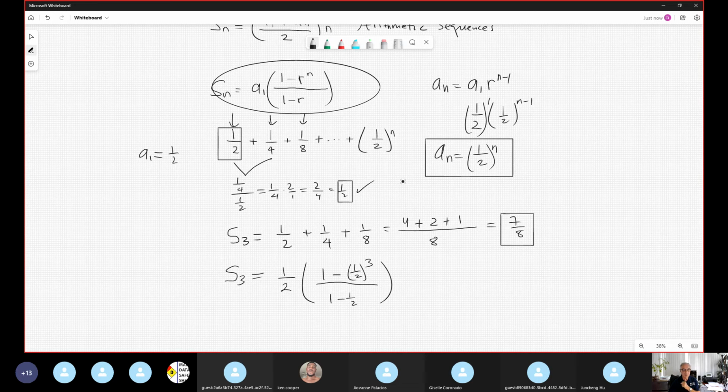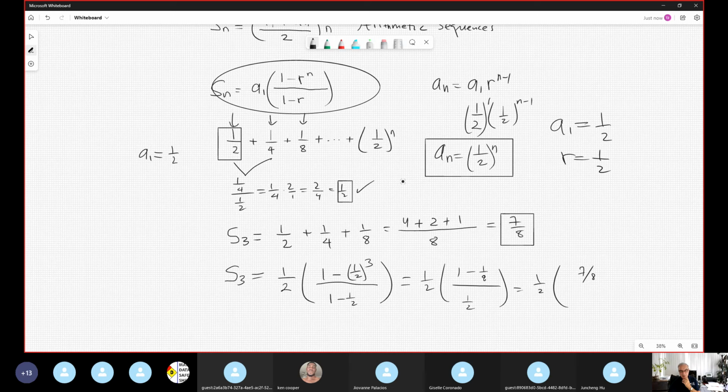Because in this example, repeat again, A1 is 1/2 and the common ratio is 1/2. Well, this is elementary. I want to analyze the complicated ones after. So today elementary. So we have 1/2 here outside. We have 1 minus 1 over 8 divided by 1 minus 1/2, which gives 1/2. And so 1 minus 1 over 8 is obviously 7 over 8.